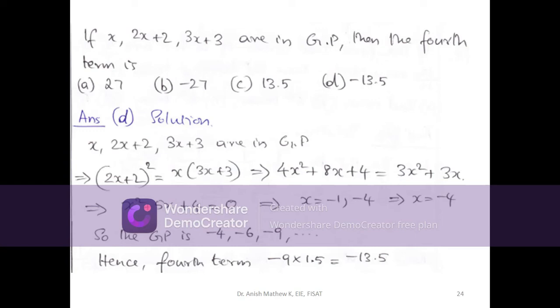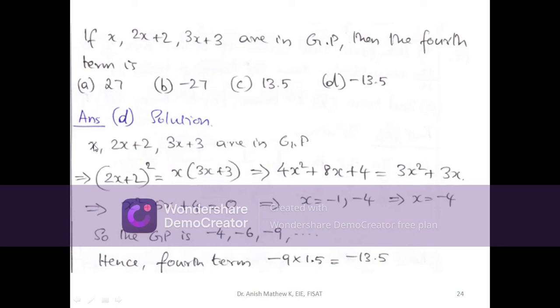So based on this, the answer, you have the options: option A 27, option B minus 27, option C 13.5, option D minus 13.5. So the answer here is option D, that is minus 13.5.